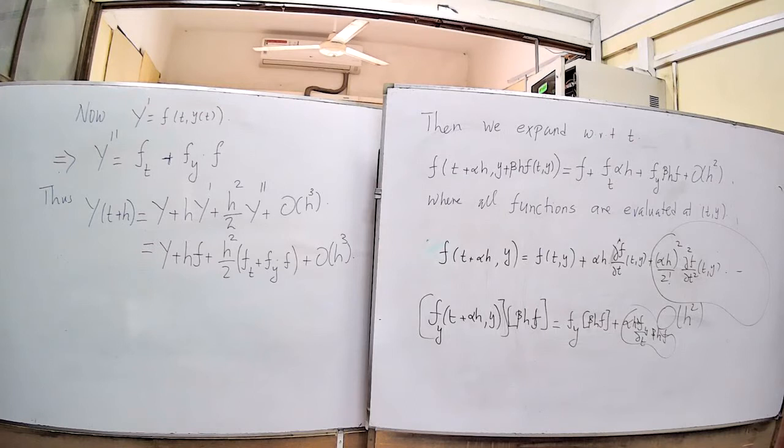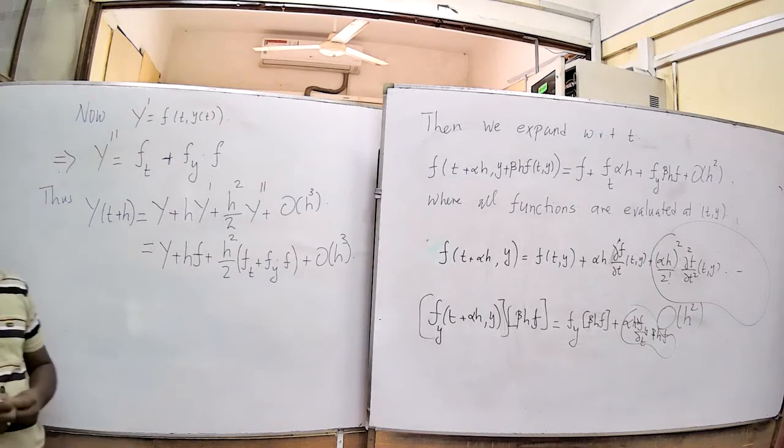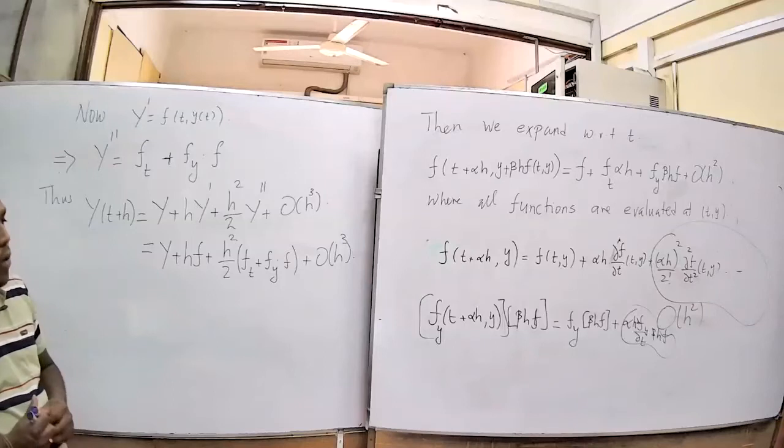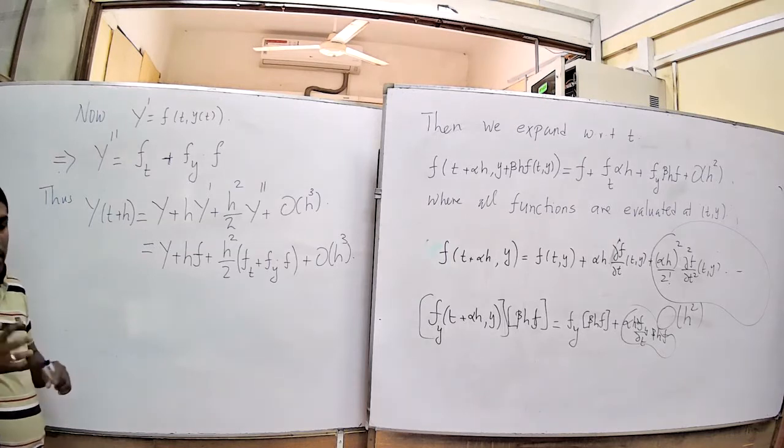Now you are going to substitute everything into the truncation error, because you have to make sure that the truncation error is of order h to the power 3. So you have to find constants such that the truncation error is order of h to the power 3.